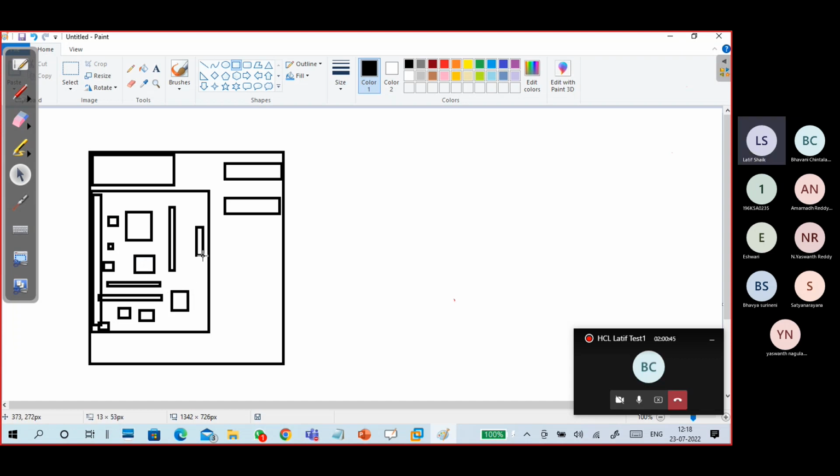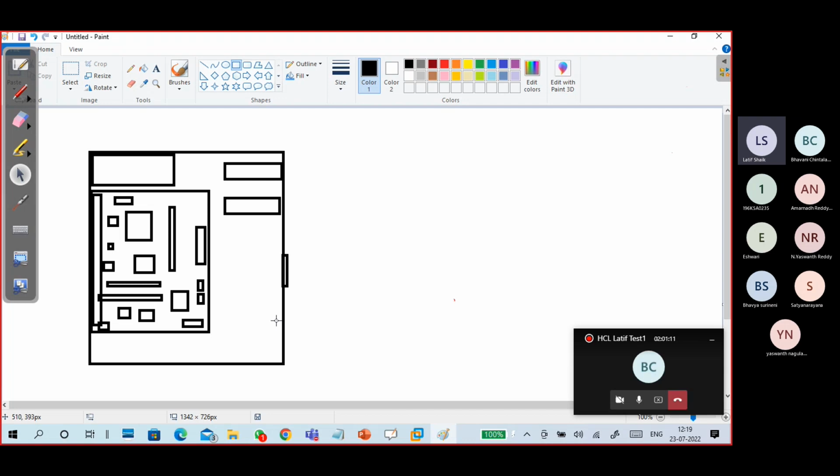As a whole system, I put a north bridge, south bridge. Your SMPS power connection, CPU power connection, okay, and SATA connection, SATA hard disk connections, okay, front panel connections, front panel power button and the connections.